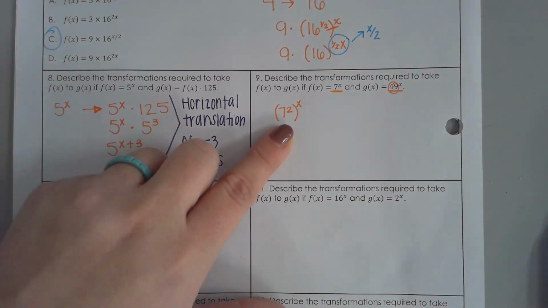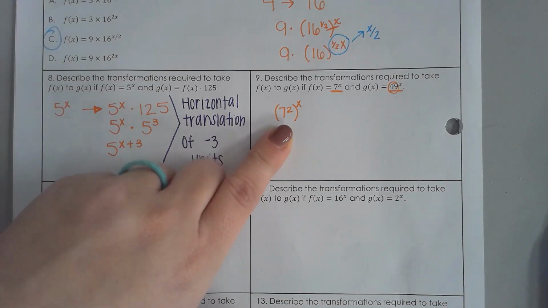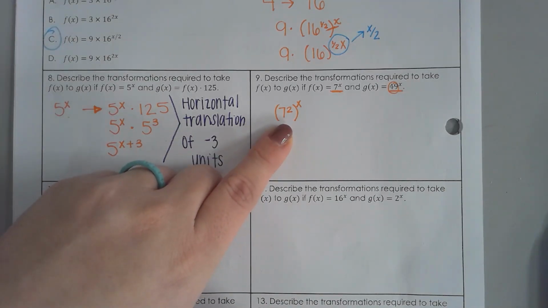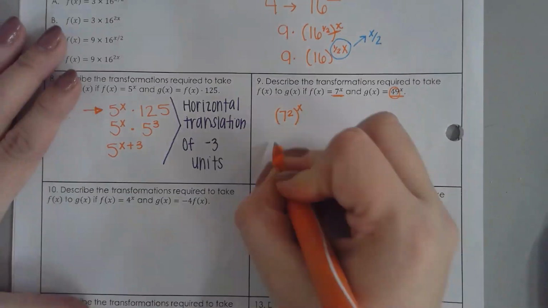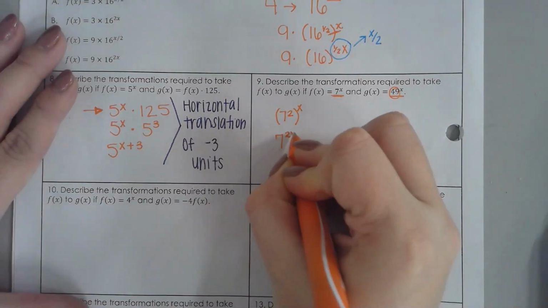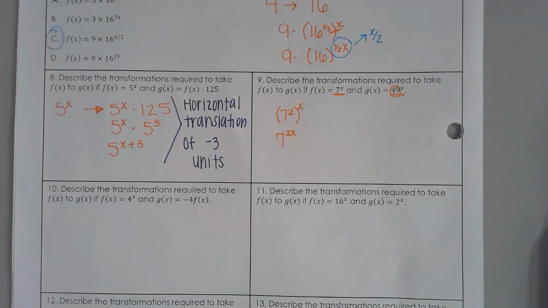And how can I rewrite this? When you have exponent to exponent, you multiply them. So this is 7 to the 2x power. If it was 7 squared times 7 to the x, then it would be x plus 2.